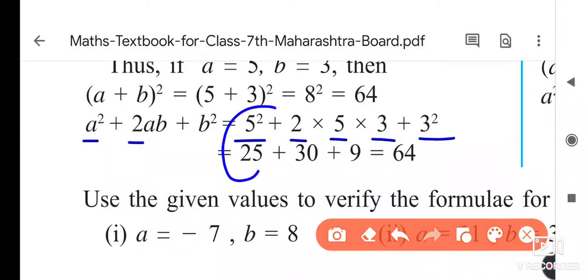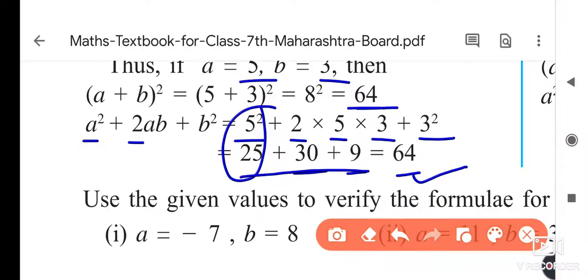So 5 square is 25, 2 into 5 into 3 is 30, and 3 square is 9. If you add all these numbers, you will get 64. Means both ways, if you do the sum and then square it, it is 64, and by using the formula you also get 64.